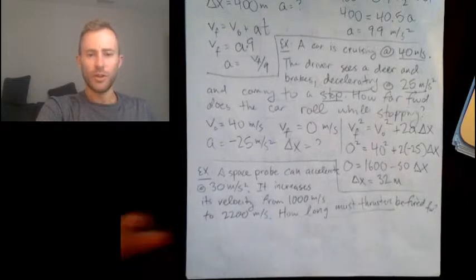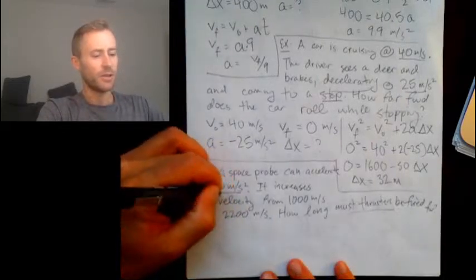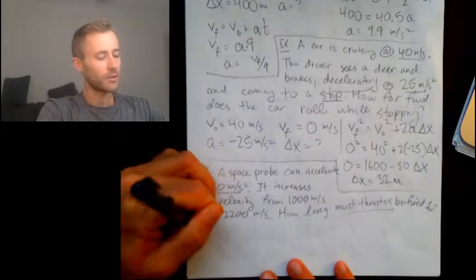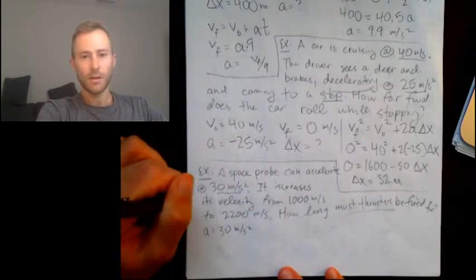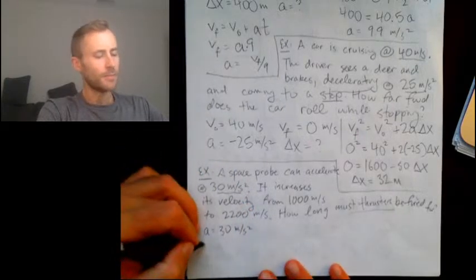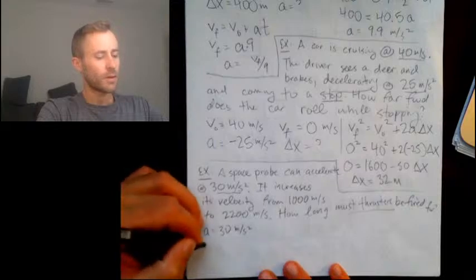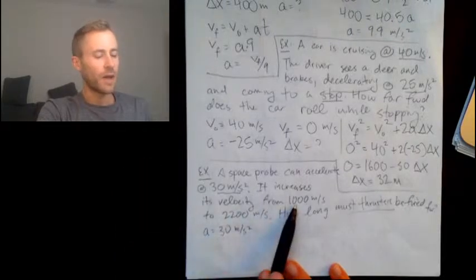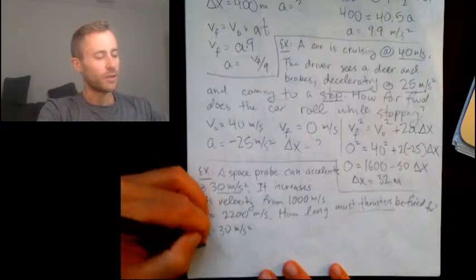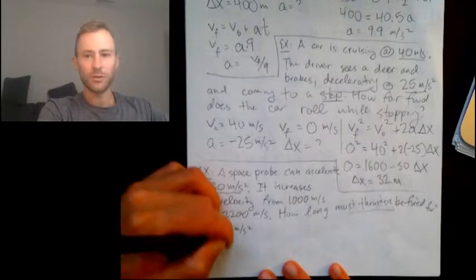So, what is the information here? We've got 30 meters per second squared. That's the acceleration. We have the velocity goes from 1,000 to 2,200. So that means that V initial is 1,000 meters per second.